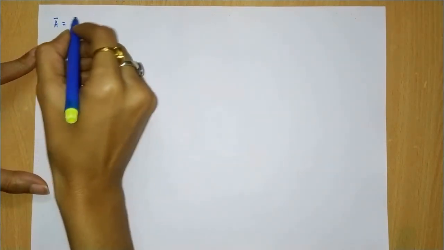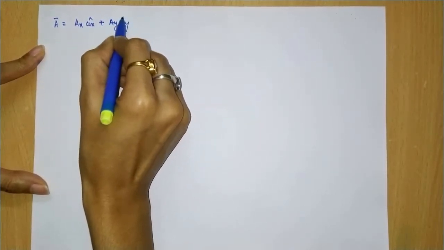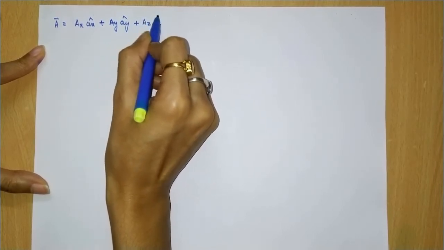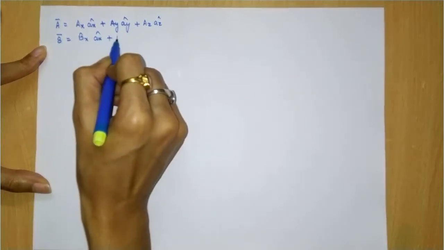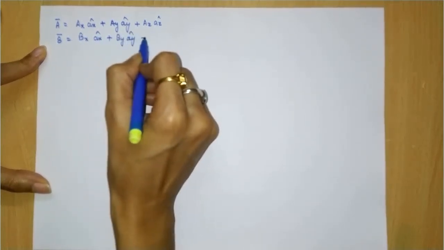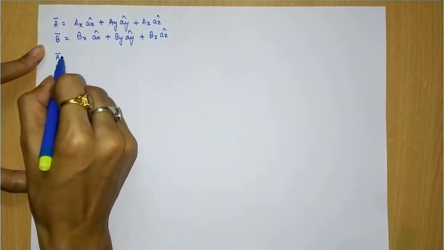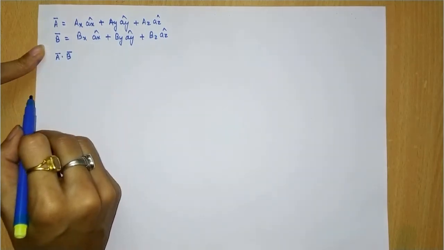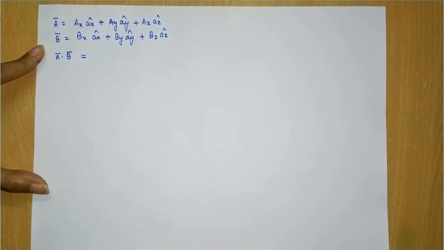Now how to perform this dot product in Cartesian coordinate system? Suppose A vector is given as Ax Ax cap plus Ay Ay cap plus Az Az cap, and vector B is given as Bx Ax cap plus By Ay cap plus Bz Az cap. Then A dot B. As we know, Ax cap can be taken dot product with Ax cap only, as its dot product with Y and Z will be 0.